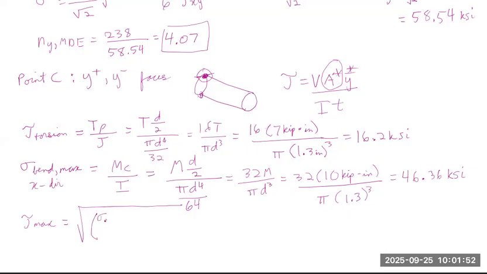You can use the Mohr circle too, or you can just apply this equation directly: the square root of sigma x over 2 squared plus tau squared. So over here, we only have sigma x. So this simplifies to the square root of sigma x over 2 squared plus the shear stress from torsion, tau torsion.